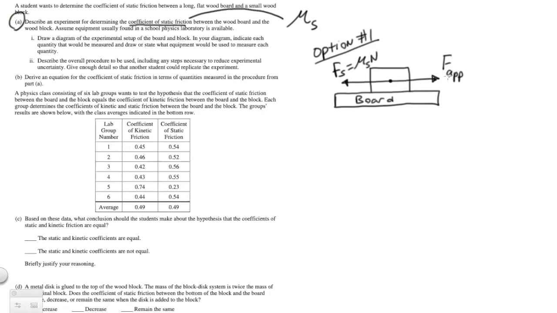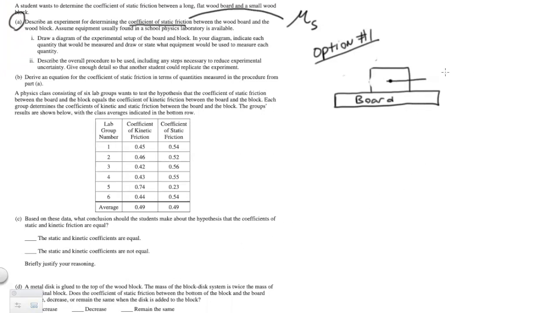Now, for my experimental setup, because we're describing an experimental setup, the applied force you're going to do like this. Let me erase this. What you're actually going to do for your diagram, I would just go like this. That's a free body diagram. So your setup is going to be this.